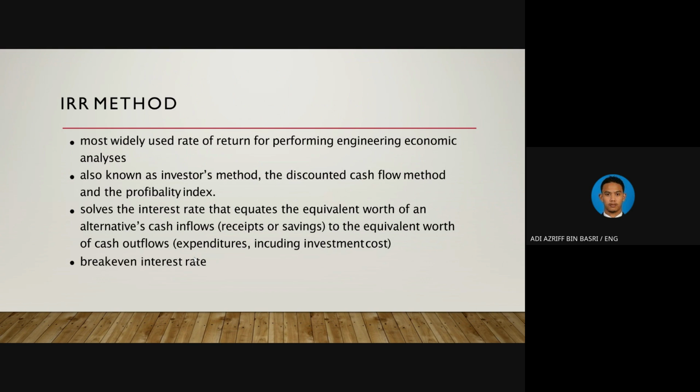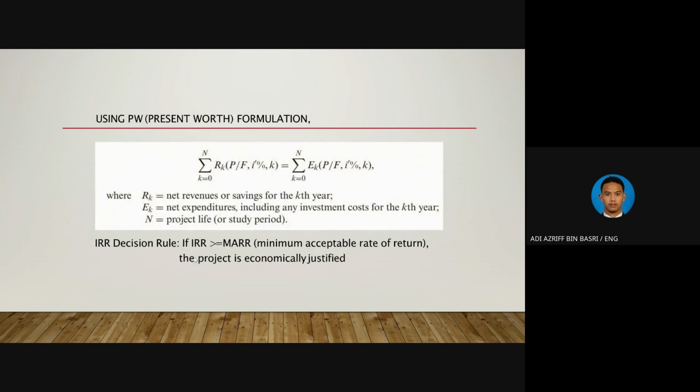So this is about the internal rate of return. This is the formula of the rate of return, using, for example, the present worth formulation. RK is the net revenue or savings of year K, EK is the net expenditure including any investment cost for year K, and N is the project life or study period.